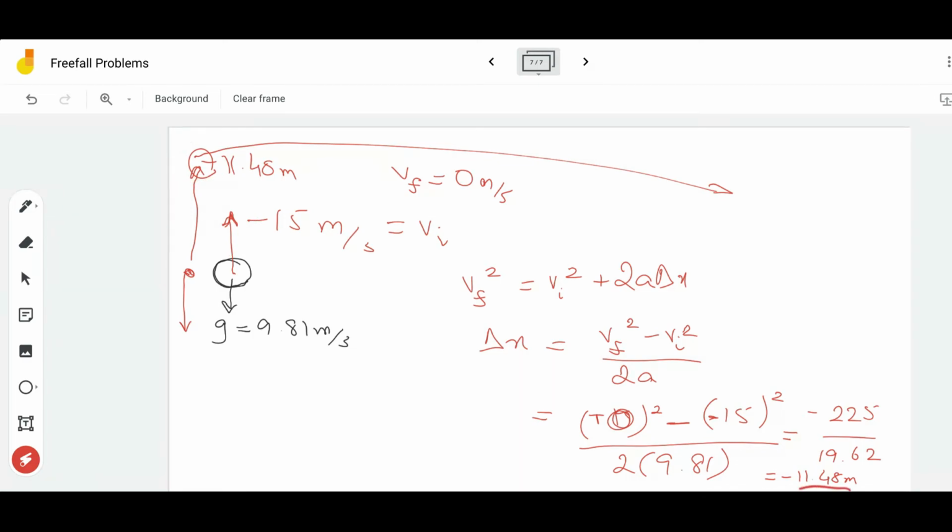That's why you end up with negative 11.48 meters. If you had considered the other way around, that upwards is positive and downwards was negative, so gravity was negative, your value would have come out positive, and that's fine, because that's where frames of reference and direction and magnitude come into vector quantities. So that's one part of the question that you've solved.